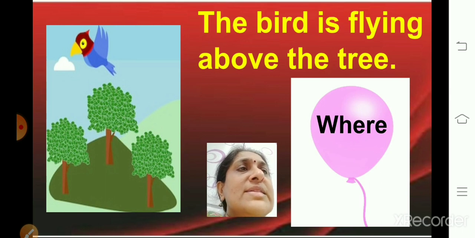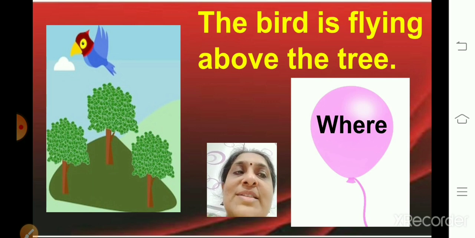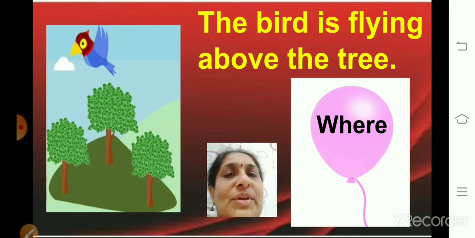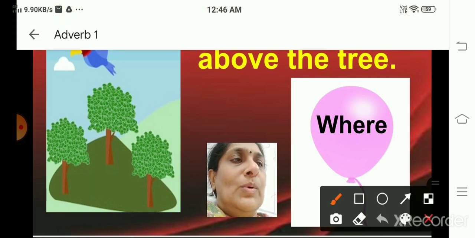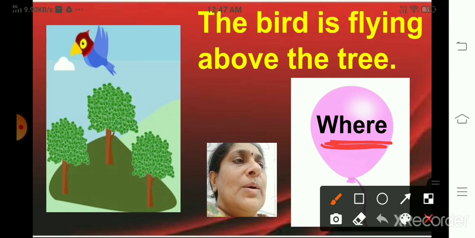Read this sentence. The bird is flying above the tree. Where is the bird flying? So the word that tells you where the action is happening is the adverb.